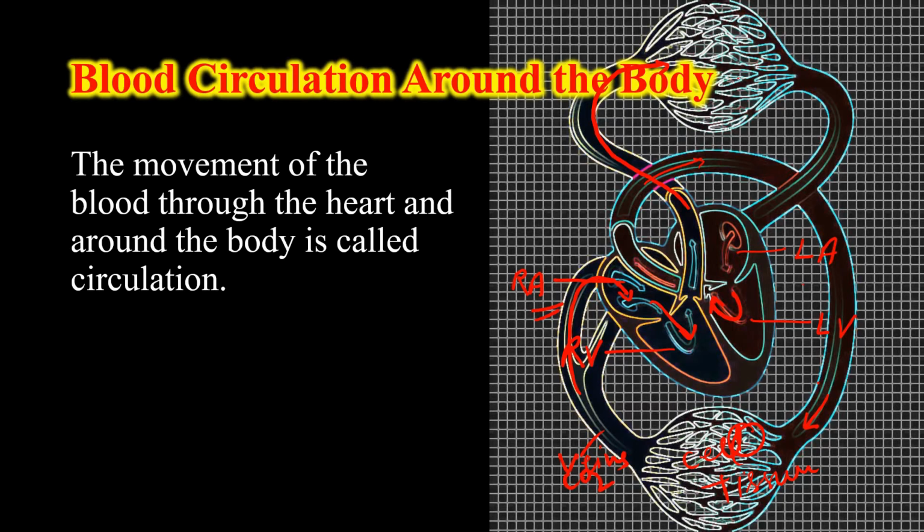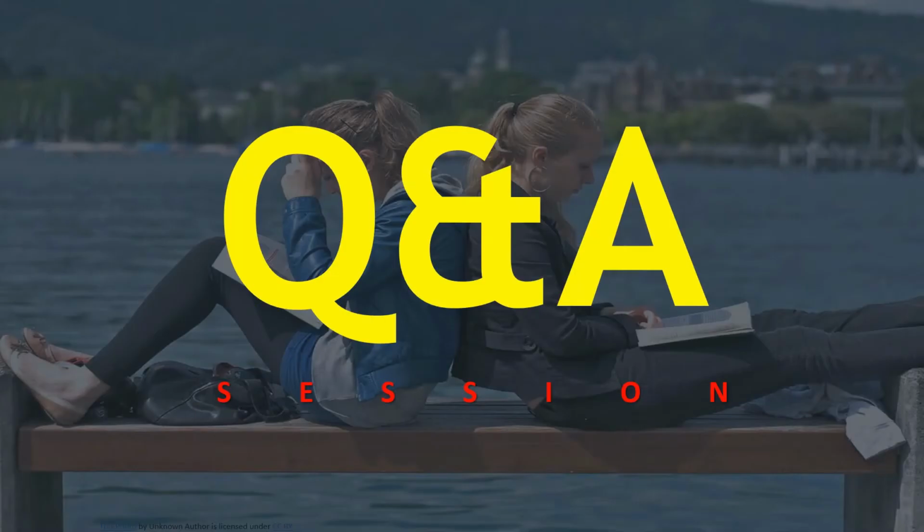After the purification, or after the gaseous exchange between oxygen and carbon dioxide, the carbonated blood again becomes oxygenated blood, and this oxygenated blood reaches the left atrium of the heart, and then it goes into the left ventricle, and again the same process of circulation of the blood starts. In this way the blood circulates around our body.